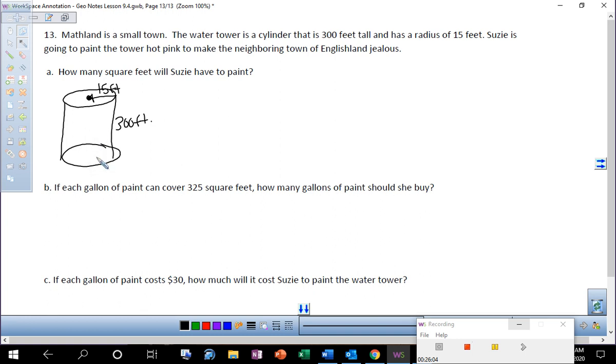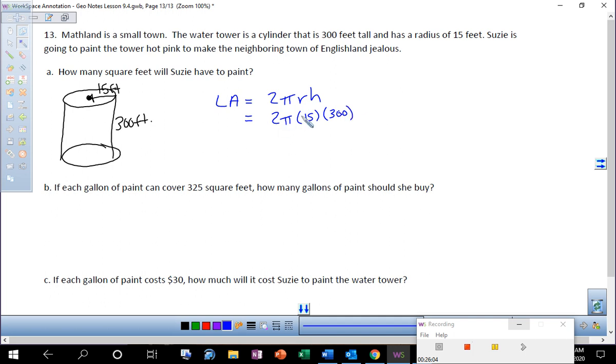Okay, so just like we did earlier, starting with the lateral area, 2 pi r h. R is 15. H is 300.